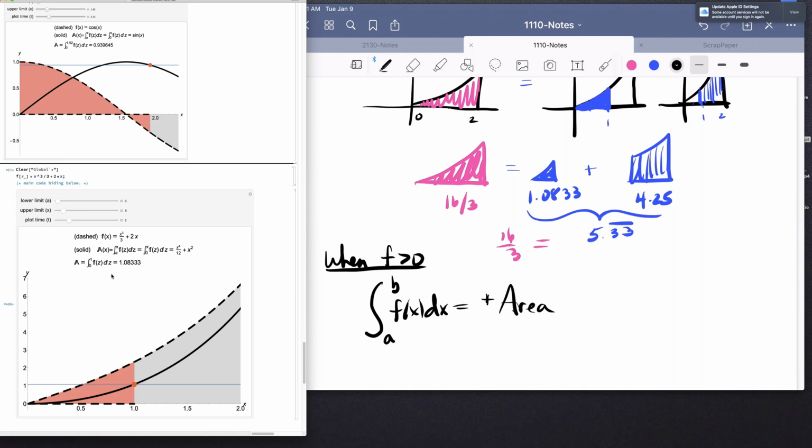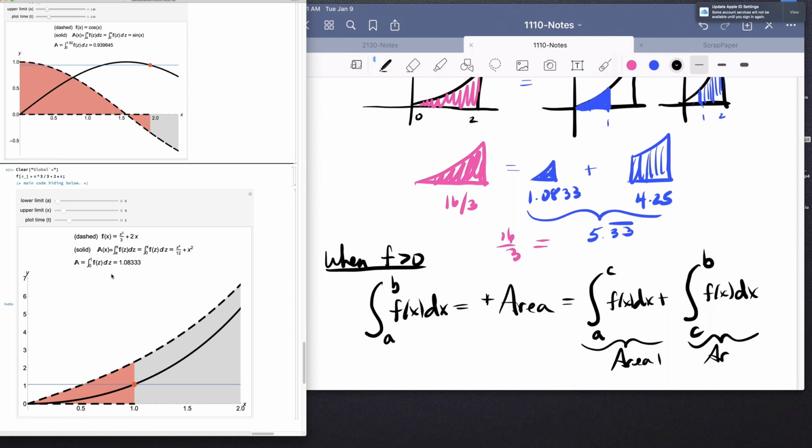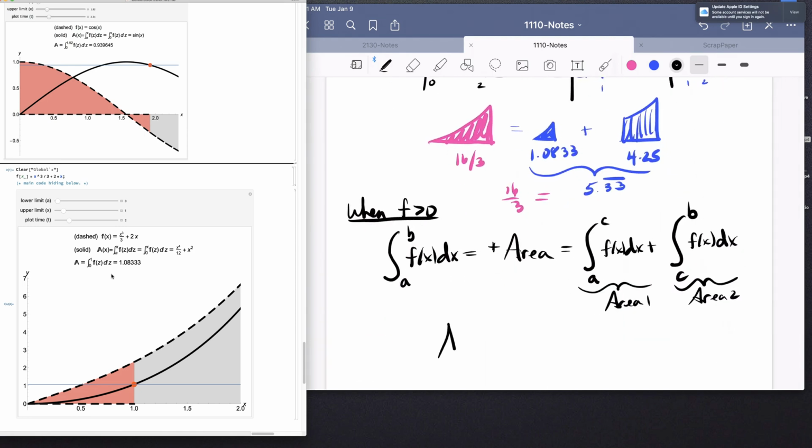And when we have a positive area, we can agree that the definite integral can be split into smaller areas, from a to c of f of x dx, and then you get the remainder of the area from c to the end of the original region b. Here is area 1, and then you have another area, area 2, and the full area splits up into two smaller areas.